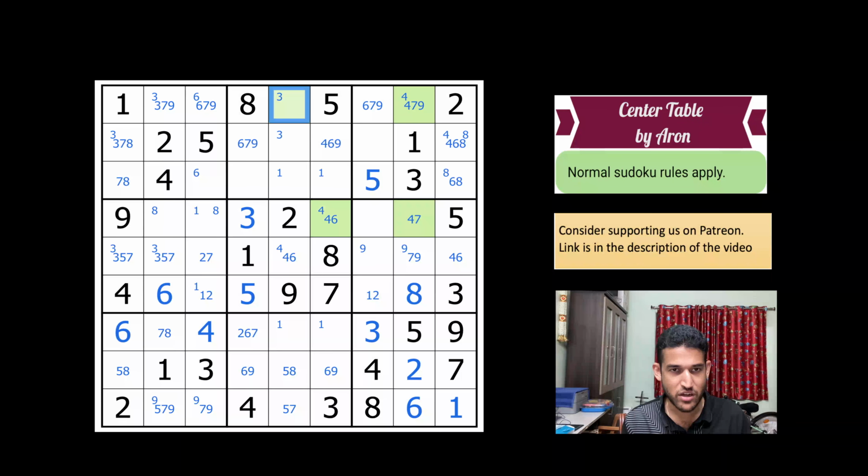So if both of these are not a 4, then both of these become 4, which will break the Sudoku. So which means one of these is at least a 4, which means this cell and these cells cannot take a 4. Because if any of these cells take a 4, then both of these greens can't take a 4 and both of these, the 4s in rows 1 and 4, will be in the same column.